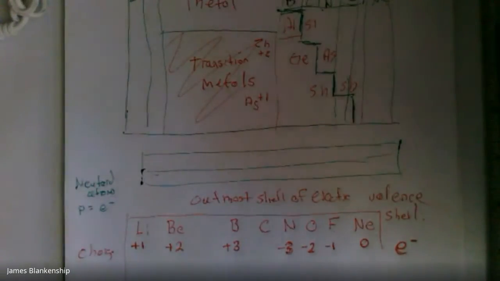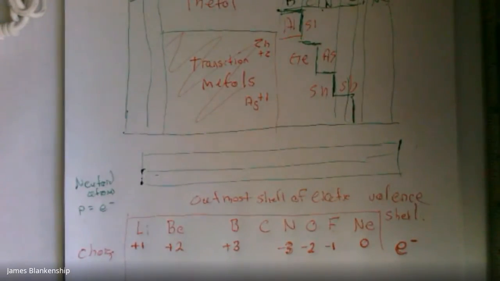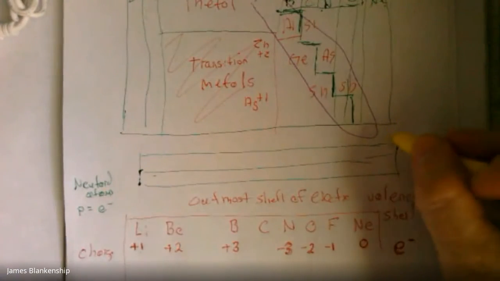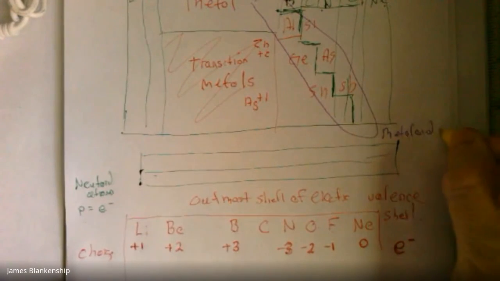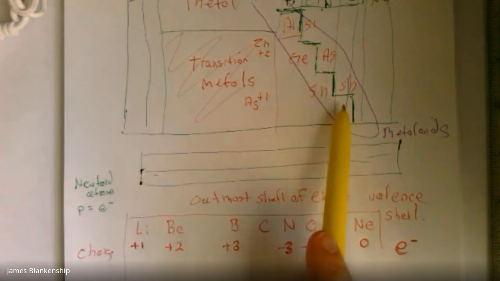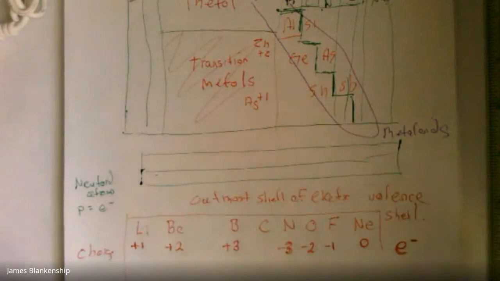These elements right along here that I am going to highlight, and I hope this shows up pretty well, right along this stair-step line, they have a special name. They are called metalloids, which means they have some metal and some non-metal characteristics.